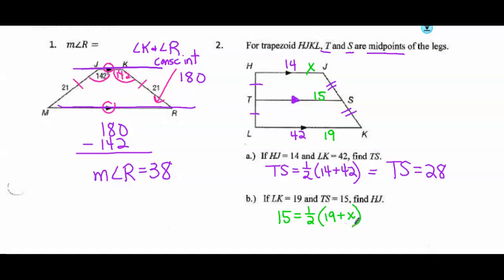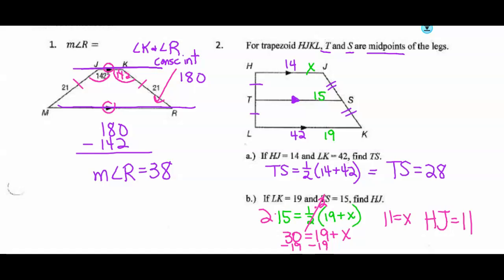I'm not going to distribute this 1/2. I am going to eliminate it. And to eliminate it, I'm going to multiply by 2 on both sides. That will eliminate this 1/2. So this is 30 equals 19 plus X. Subtract my 19, 11 equals X. So HJ is 11. And that's the notes on a trapezoid.